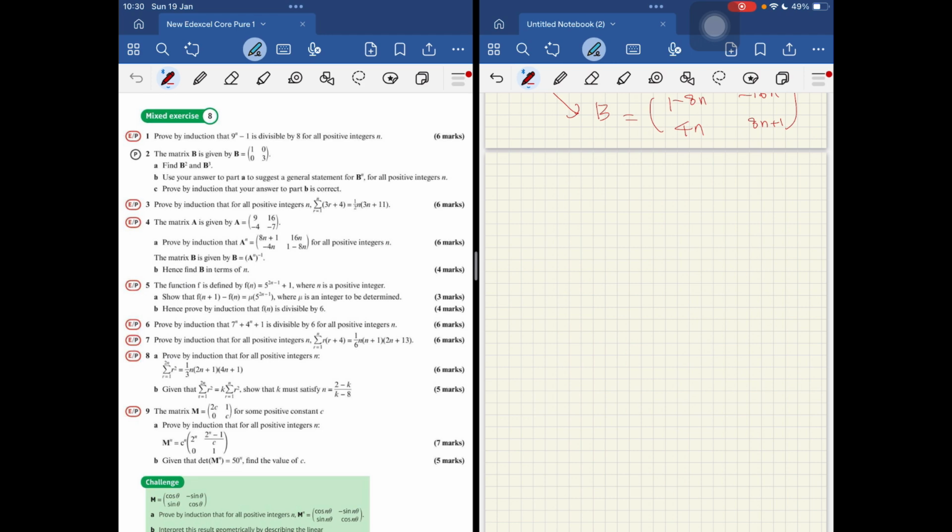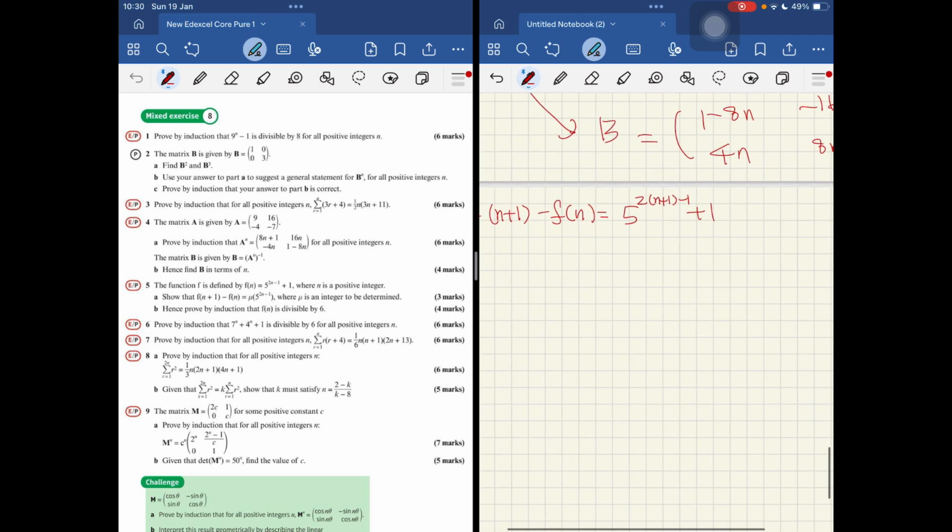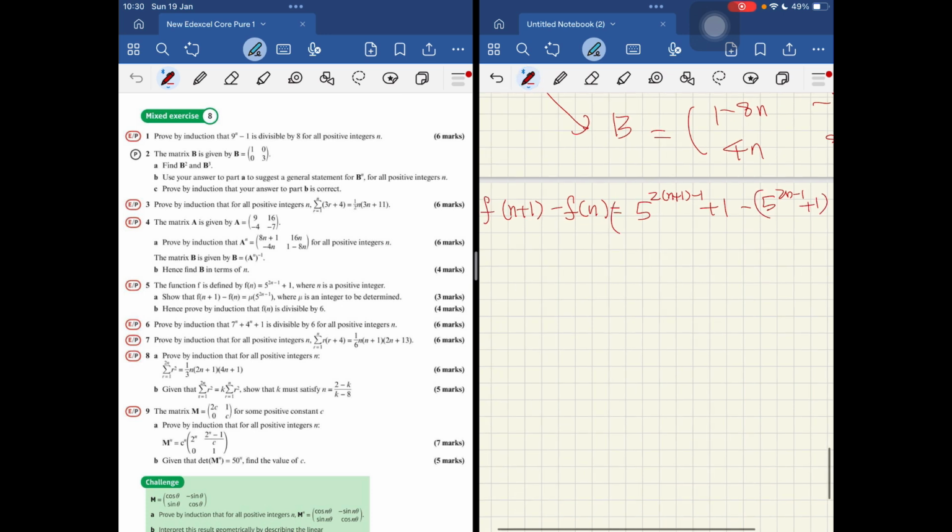Number 5. The function f of n is defined like that, and f(n plus 1) minus f(n) is 5^(2(n+1)-1) plus 1 minus 5^(2n-1) plus 1, like this.